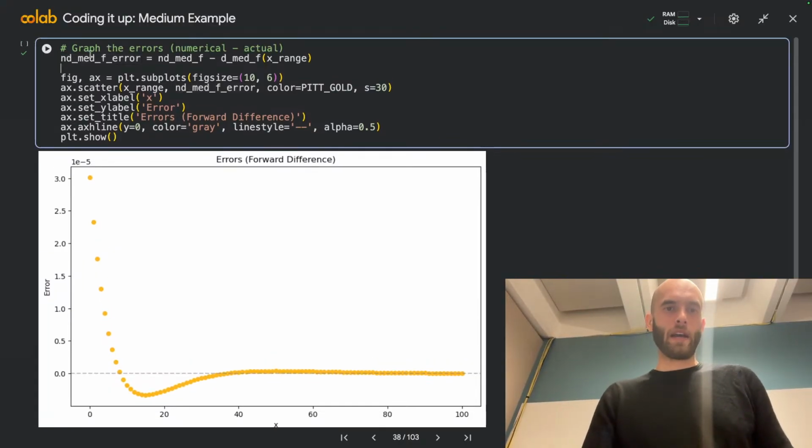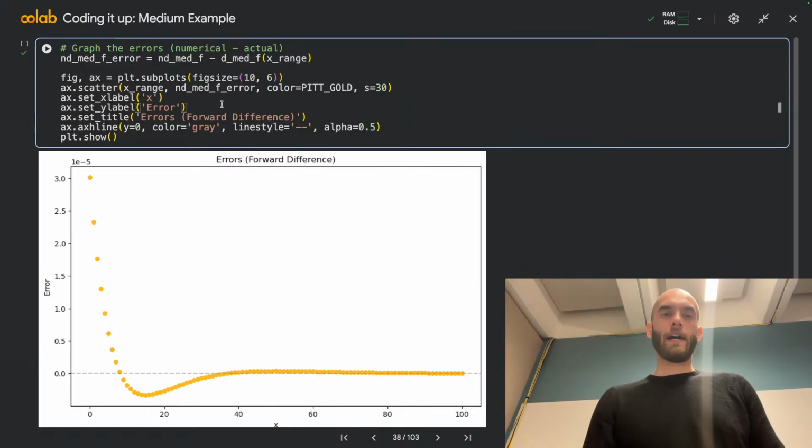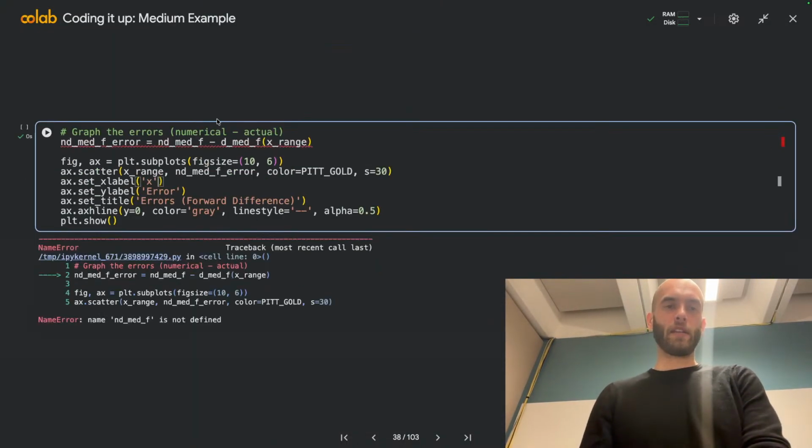All I'm doing here is taking the difference between the numerical derivative and the analytical derivative at each one of these values, and then plotting the difference between the two. That looks like this.